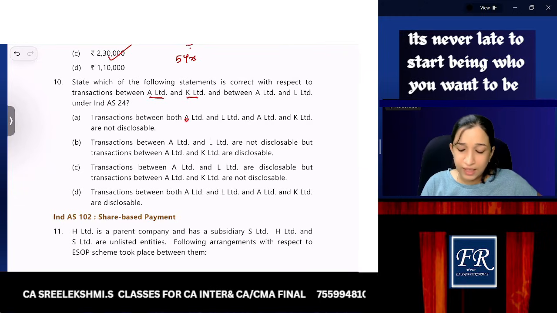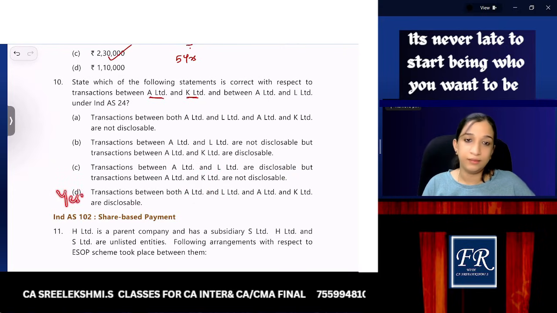Transactions between A and L are not disclosable, but transactions between A and K are disclosable, or the reverse. Again, wrong. One is disclosable, one is not disclosable. Wrong. Transactions between both A and L and A and K are disclosable. Yes.